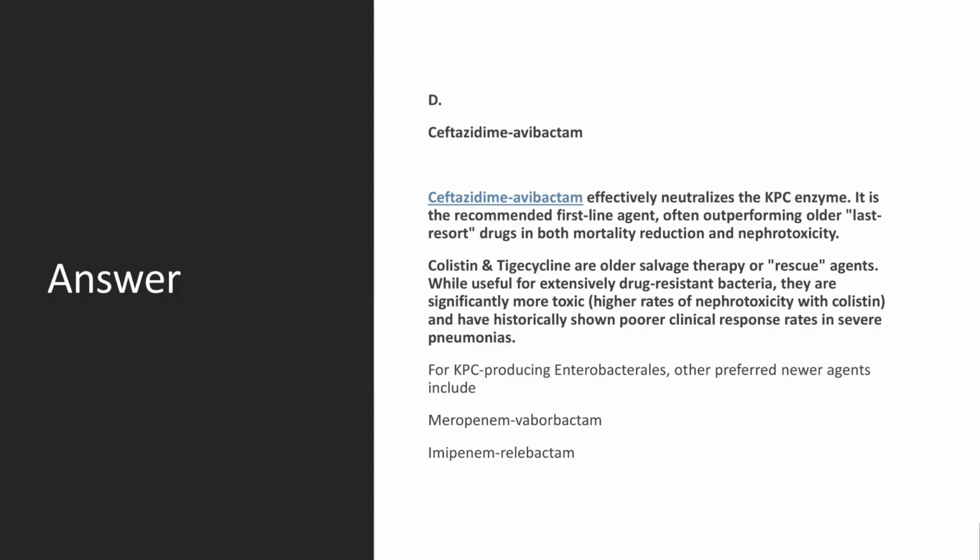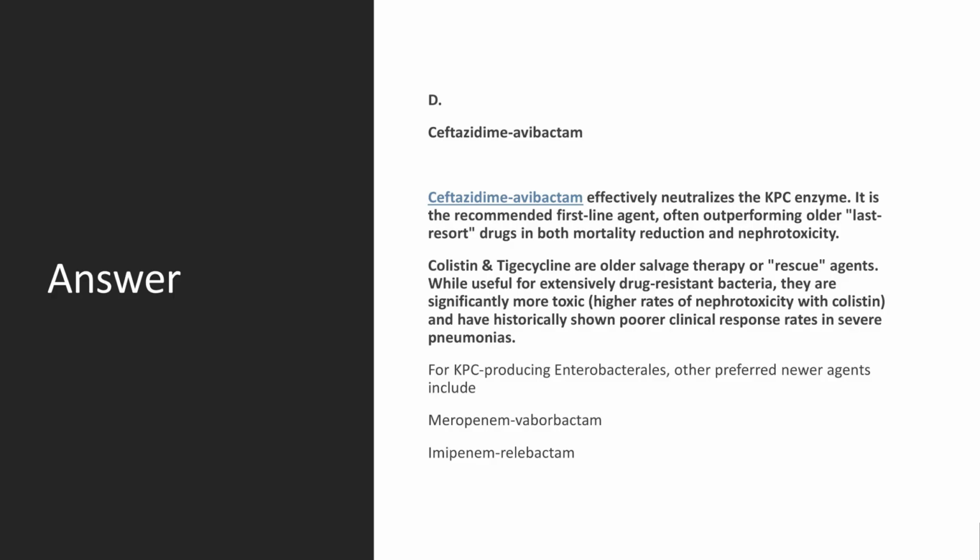Explanation: Ceftazidime-avibactam effectively neutralizes the KPC enzyme. It is the recommended first-line agent, often outperforming older, last-resort drugs in both mortality reduction and nephrotoxicity. Colistin and tigecycline are older salvage therapy or rescue agents.